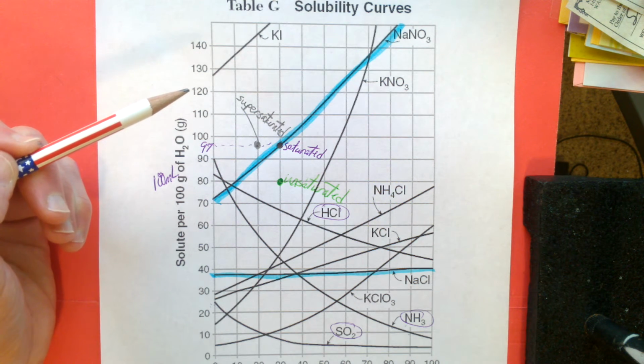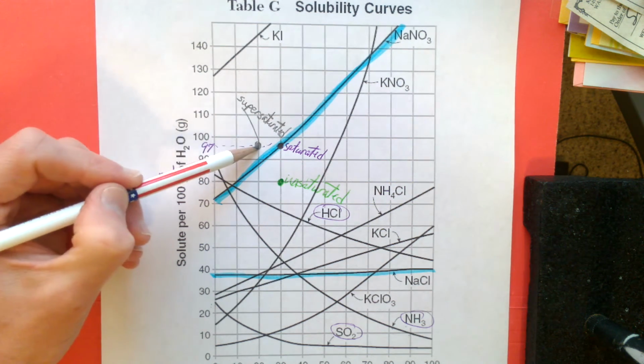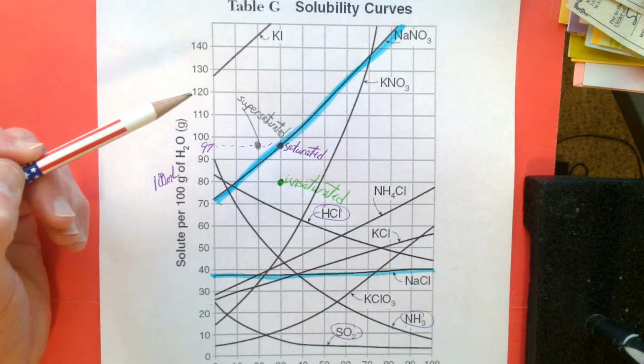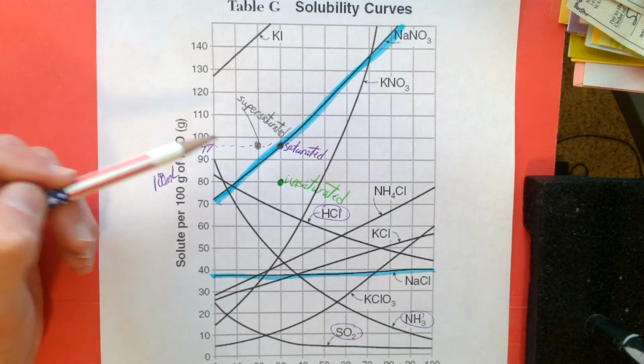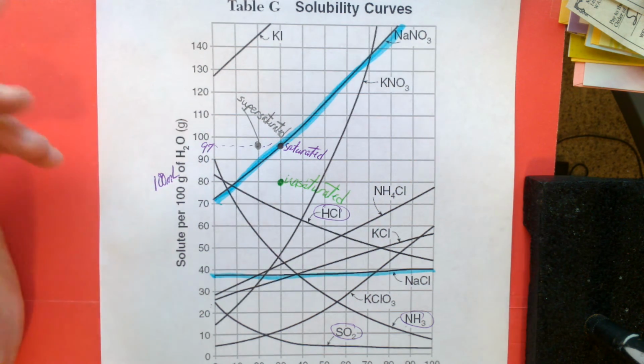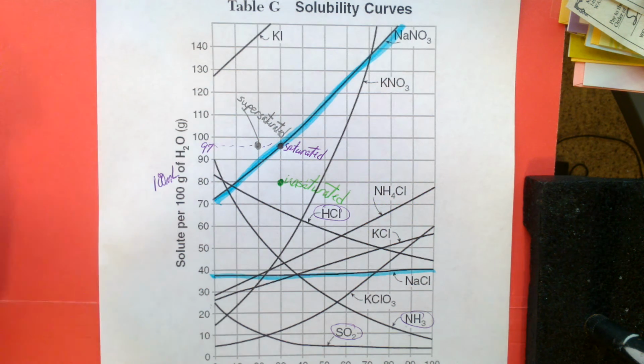And when you disturb it, you can shake it, you can try to stir it, all of a sudden all of these crystals will appear and the solution will solidify. It's called supersaturation, and we see that with a lot of hard candies.